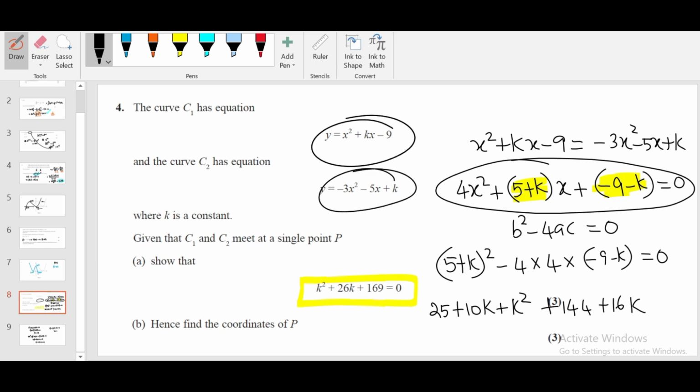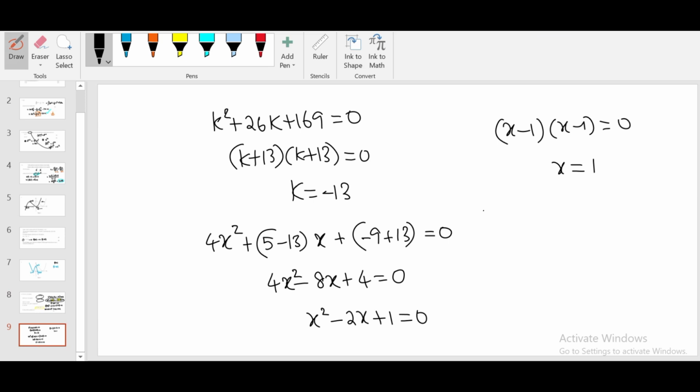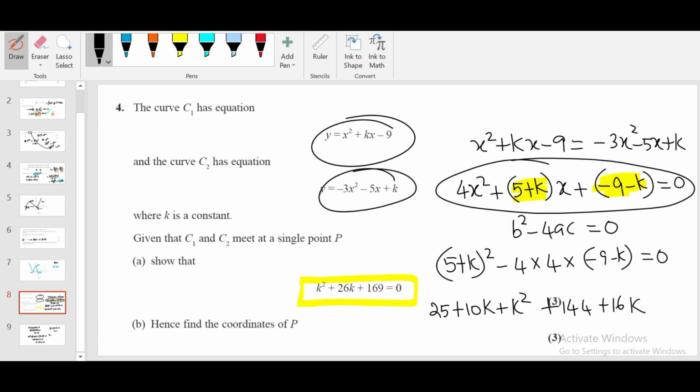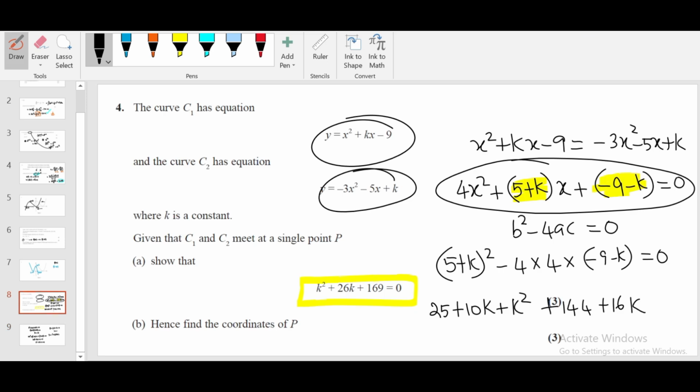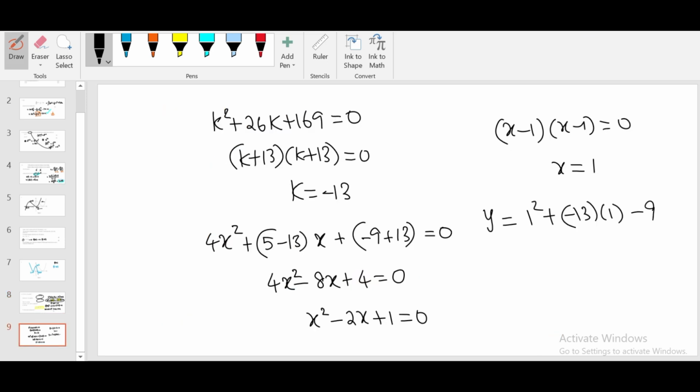I'm going to use the first one. y is equal to x square plus kx, k is minus 13, times x, minus 9. So you get 1 minus 13 minus 9, which is minus 21. So the point of intersection is 1 comma minus 21. That's all.